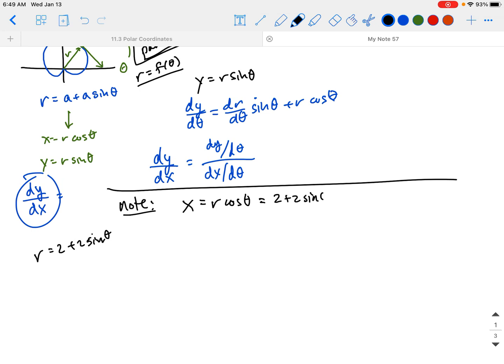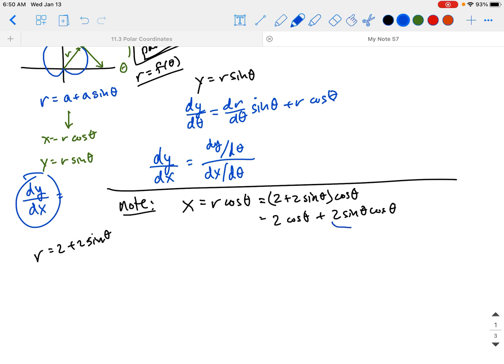So we could rewrite this as 2 plus 2 sine theta times cosine theta, which would give us 2 cosine theta plus 2 sine theta cosine theta. And then we can differentiate once we've distributed, and this will sometimes be a little bit cleaner and a little bit nicer.